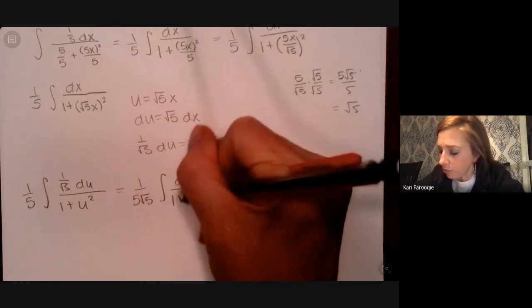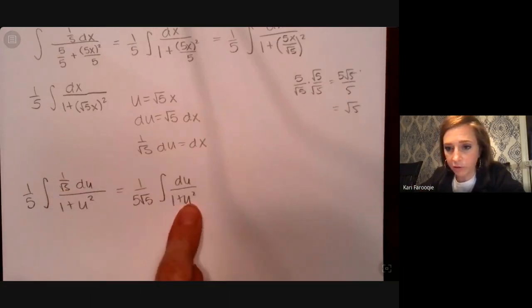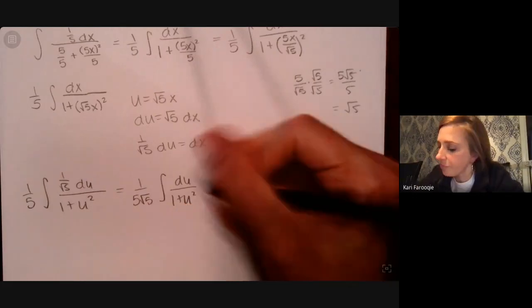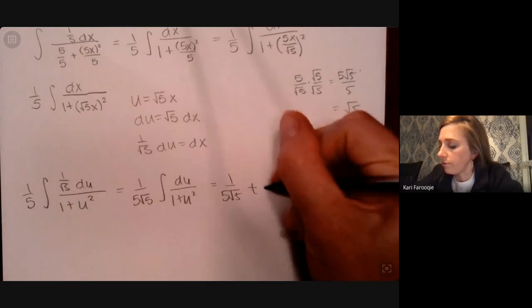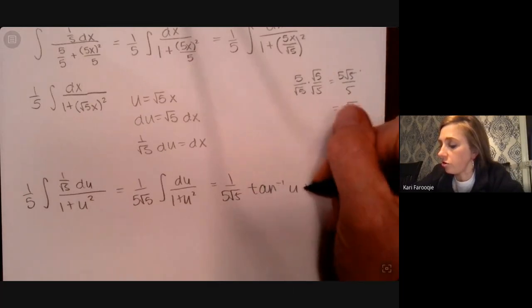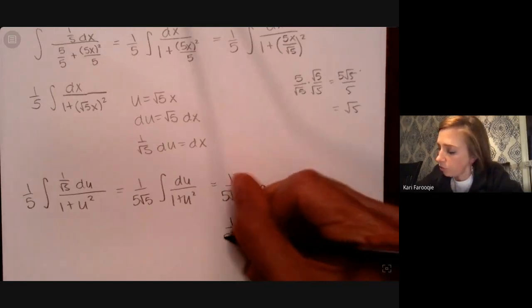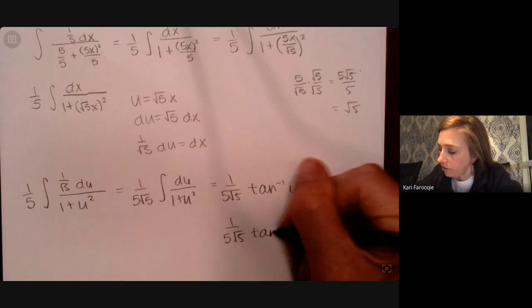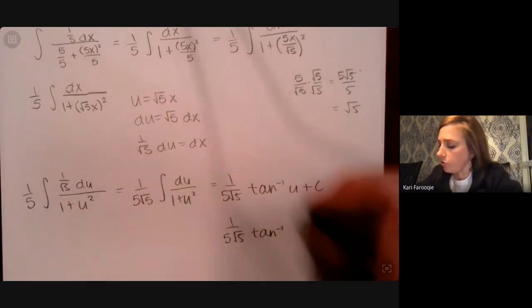Sometimes it distracts me, so I just want to get rid of anything that's not my exact inverse tangent form, which is now what I have. So I have 1 over 5 square root 5 inverse tangent u plus c. And it's 1 over 5 root 5 inverse tangent of the square root of 5x.